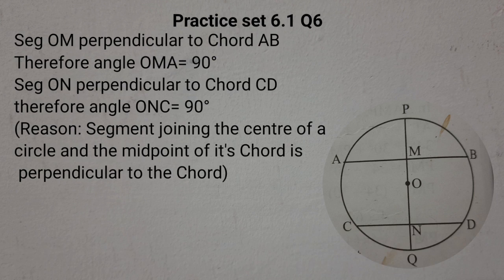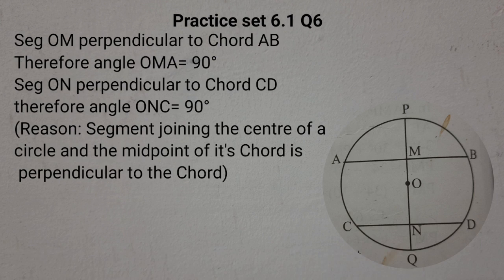Now, the reason we have written this is: the segment joining the center of the circle and the midpoint of its chord is perpendicular to the chord. I'll explain the reason in detail. If you take chord AB, OM is the segment that joins the center of the circle O and the midpoint of the chord AB, which is point M. Therefore, this OM should be perpendicular to the chord AB.